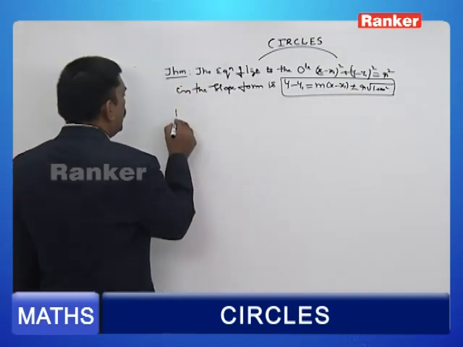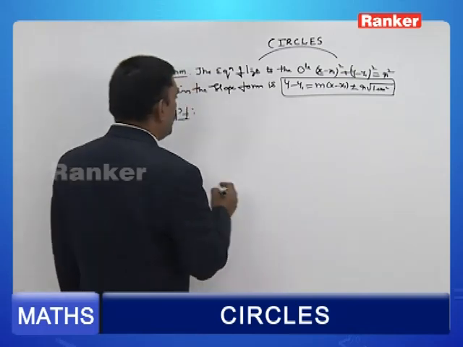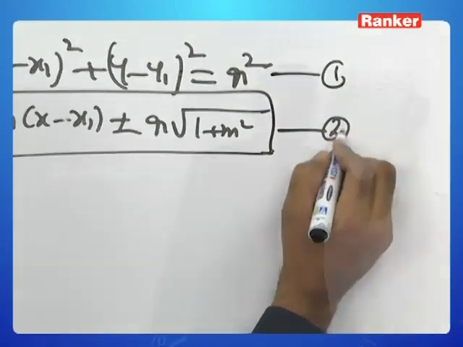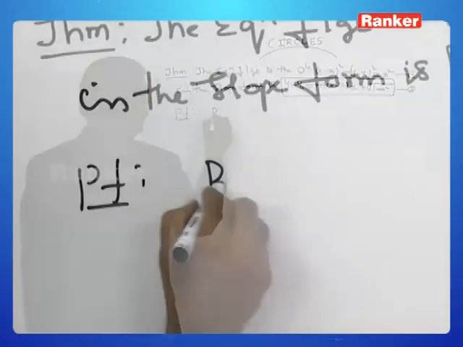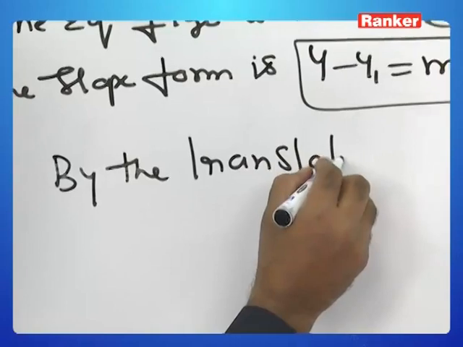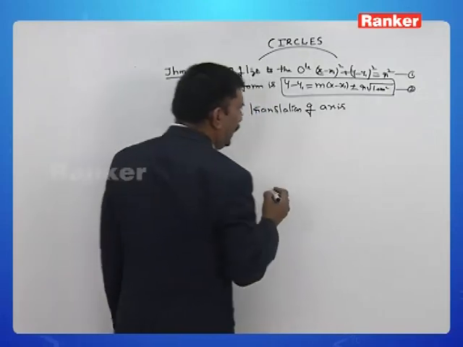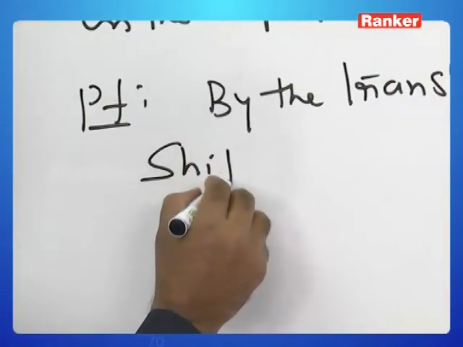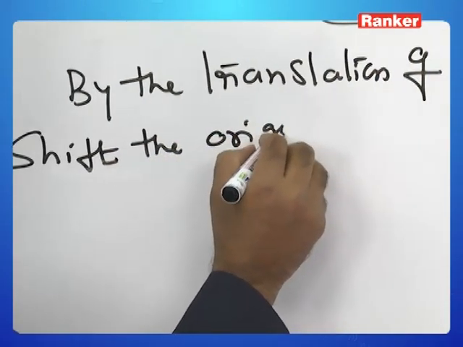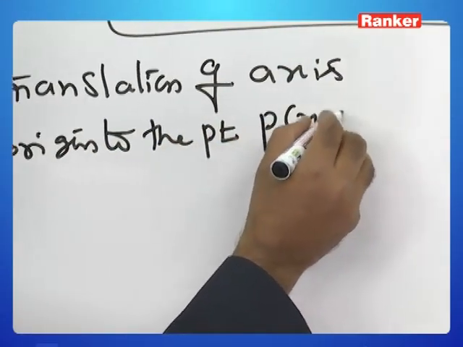Now what I do is, look here, by using the translation of axes, shift the origin to the point P of x1, y1.